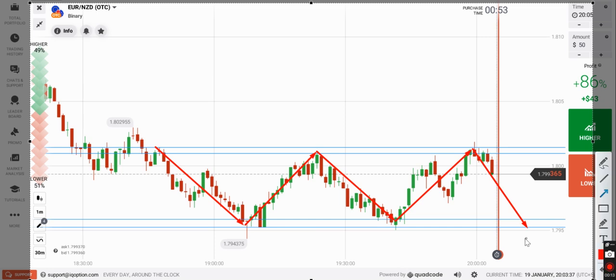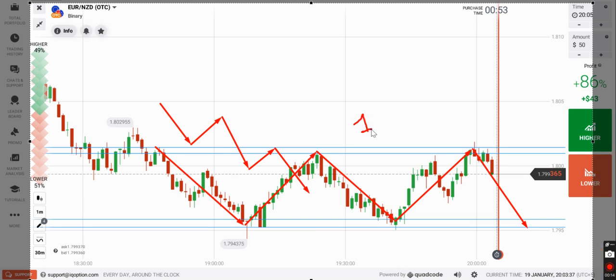This is a ranging market, because the market is not creating lower lows. So the number one thing is clear to you, that the market is going down.